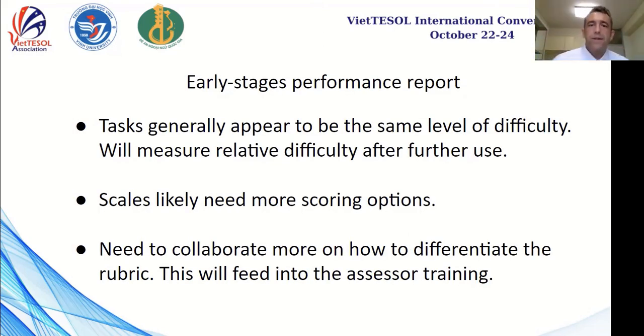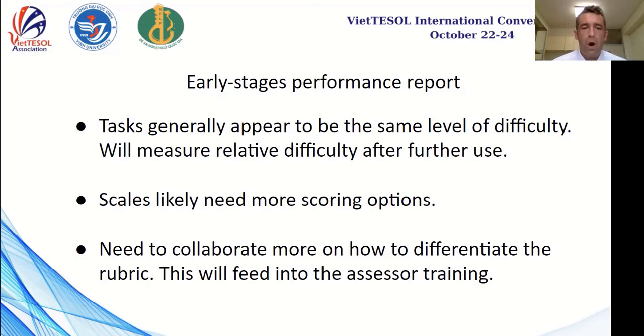Talking about an early stages performance report, tasks that generally appear to be the same level of difficulty, maybe or not, as we saw between the university life and university friends task, we will probably need more points on the scale. We're looking now at putting a 4-point scale together.